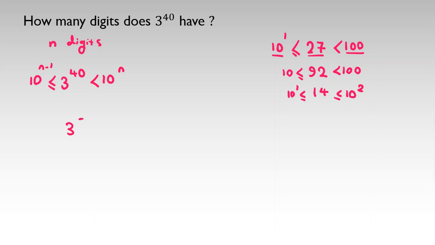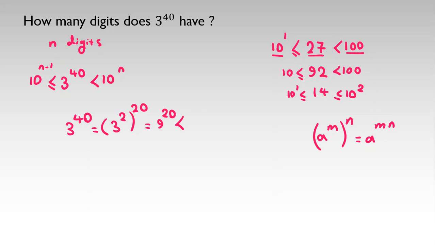At first, with the power rule, because we know a to the m to the n equals a to the m times n, we can say 3 to the 40 equals 9 to the 20, and it will be less than 10 to the 20.